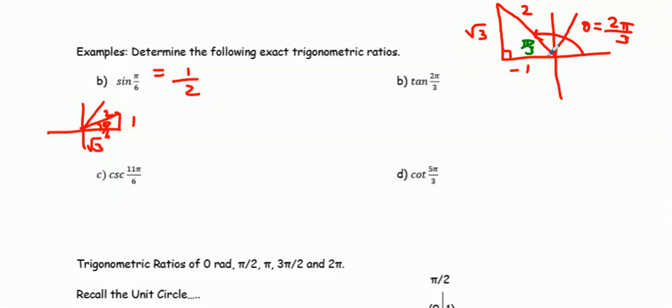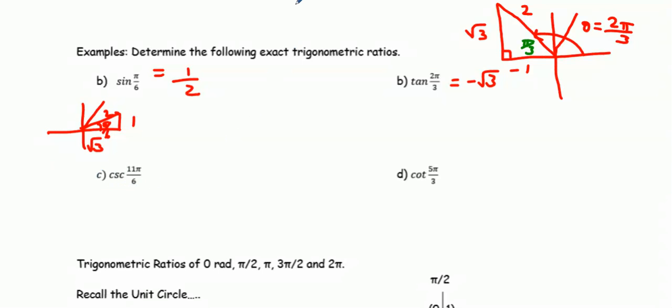Okay, so we want the tan of 2 pi by 3. Well, the tan is opposite over adjacent, so this is going to be root 3 over negative 1, which is negative root 3. Does it make sense that tan is negative in quadrant 2? Yes, it does.